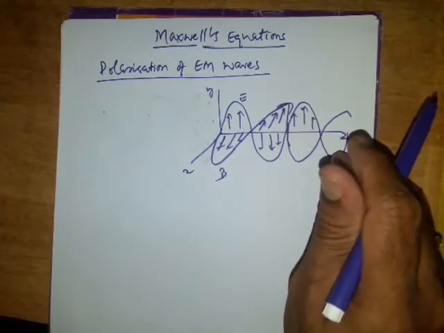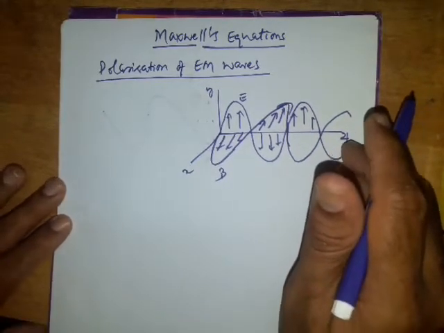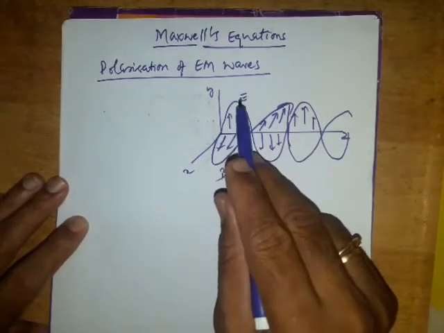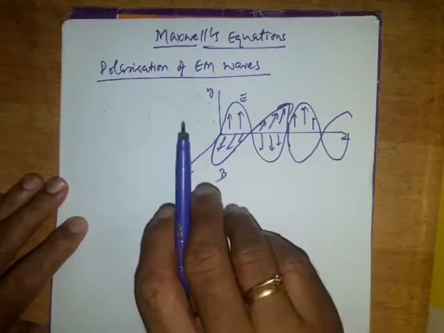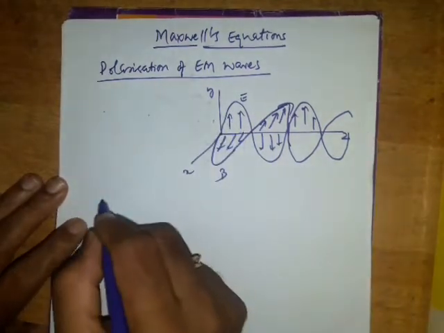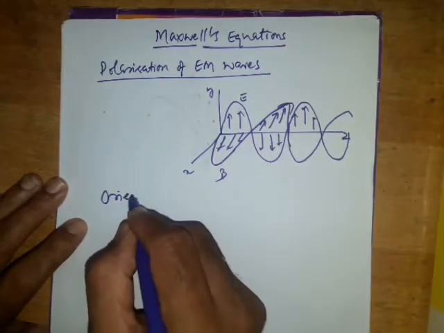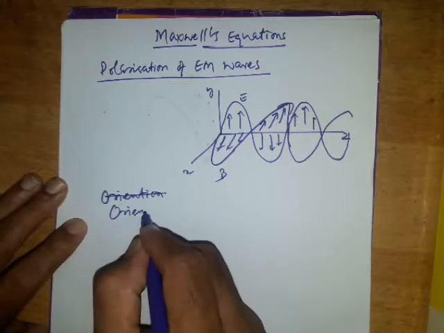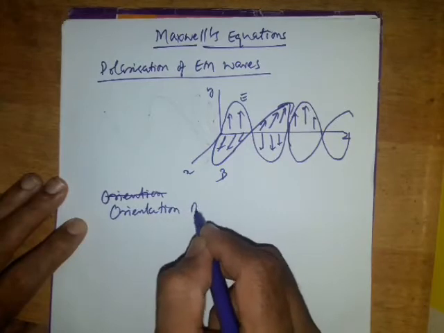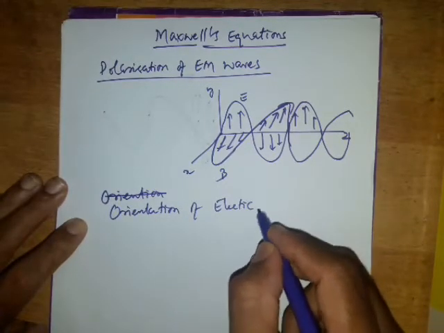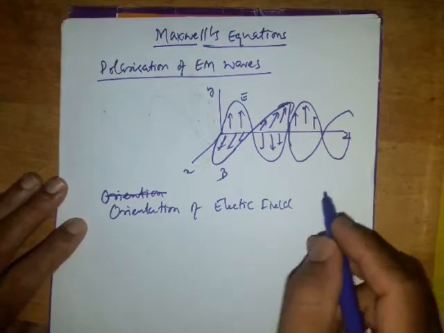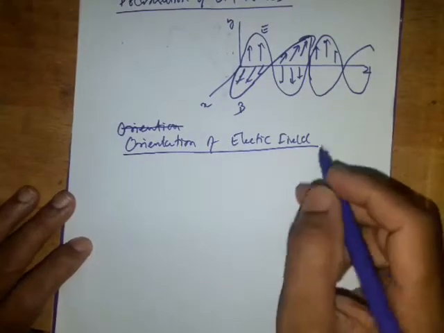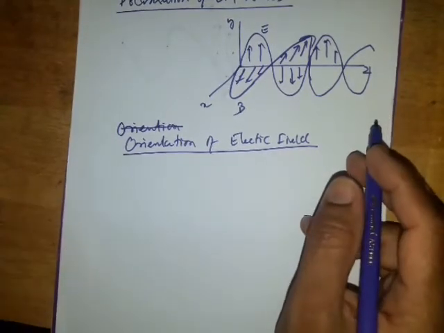Now, what is polarization? Polarization in general means the orientation of the electric field vector. So the orientation of the electric field vector decides the type of polarization.